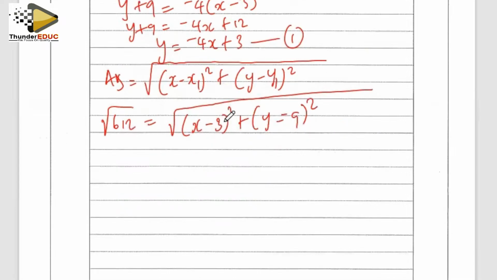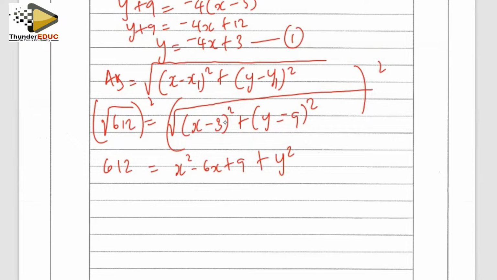Now, since we have root signs on either side, I can square both sides. So I have 612 is equal to X squared, I'm opening the brackets, minus 6X plus 9, that's going to be Y squared. Remember, this is now a plus, so plus 18Y, and then plus 81. But remember our Y, if this is equation number 2, let's substitute this Y into this equation.